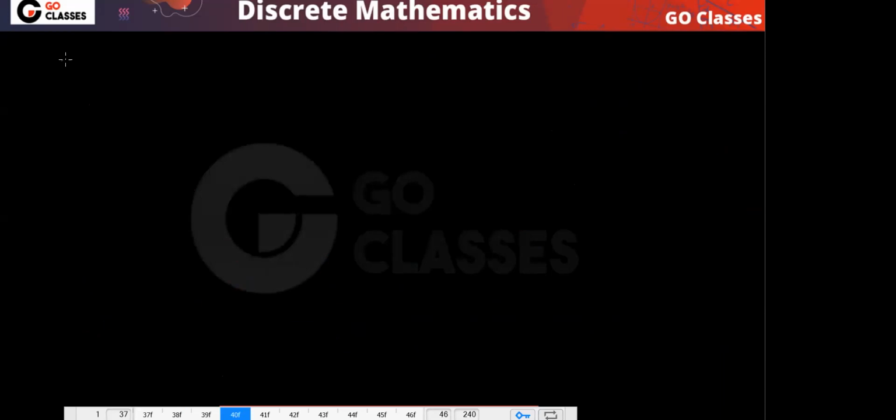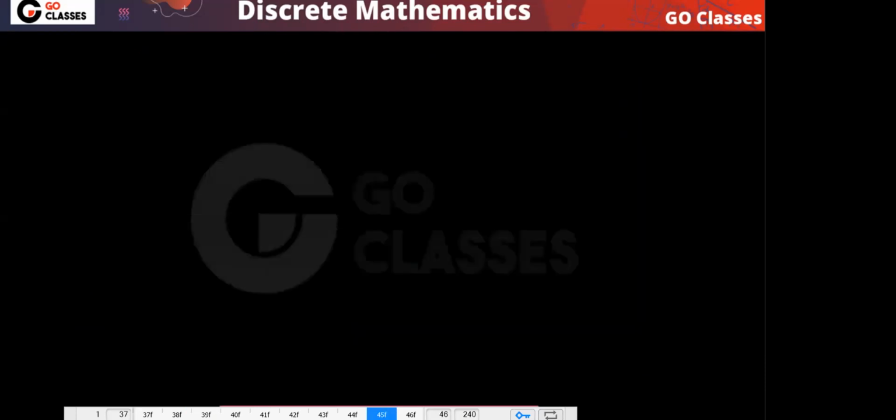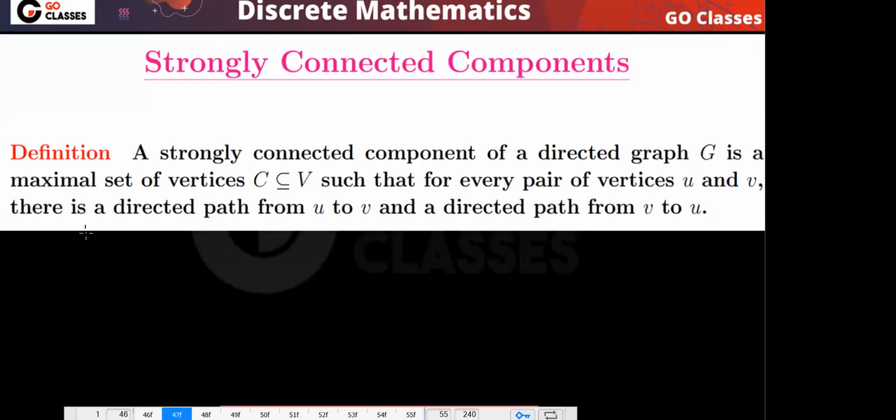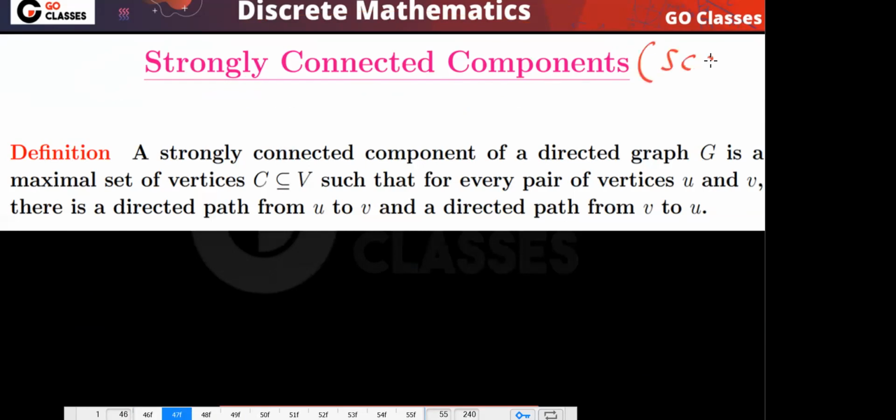So what is the definition of a strongly connected component? A strongly connected component, SCC, is simply a set of vertices. Please note this definition.